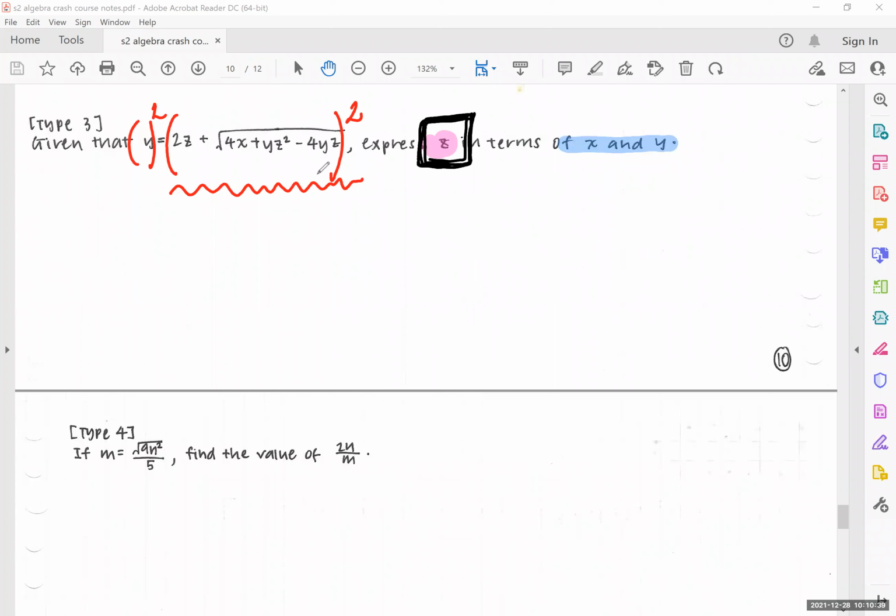The first algebraic identity. Yes, the first algebraic identity. How come? What's the formula of the first algebraic identity? (A plus B) squared is equal to A squared plus 2AB plus B squared.